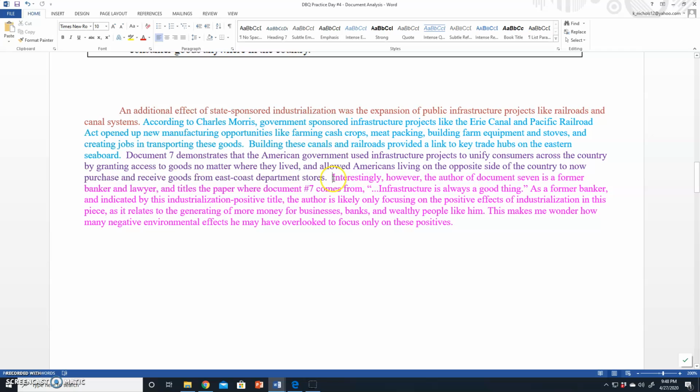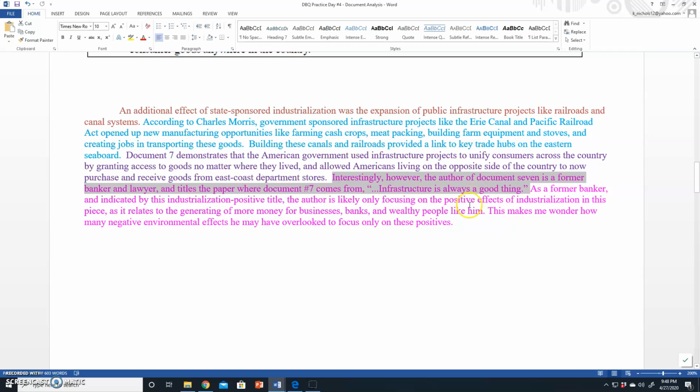I'm not talking about the audience. And I'm really not focusing in on the purpose. I'm basically saying the author of this document has a background as a banker and a lawyer, and he titles his paper this. I'm basically pointing out his point of view.